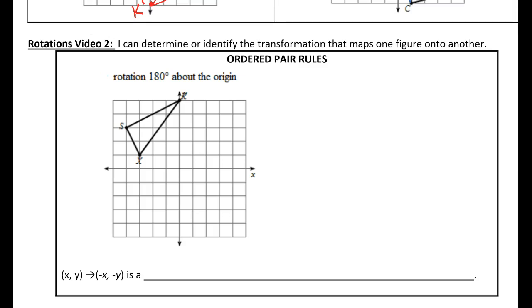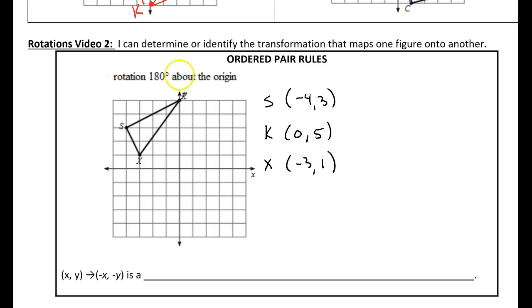All right, so let's take a look at S and K and X. Point S is -4, +3, and point K is 0, 5, and point X is -3, +1.